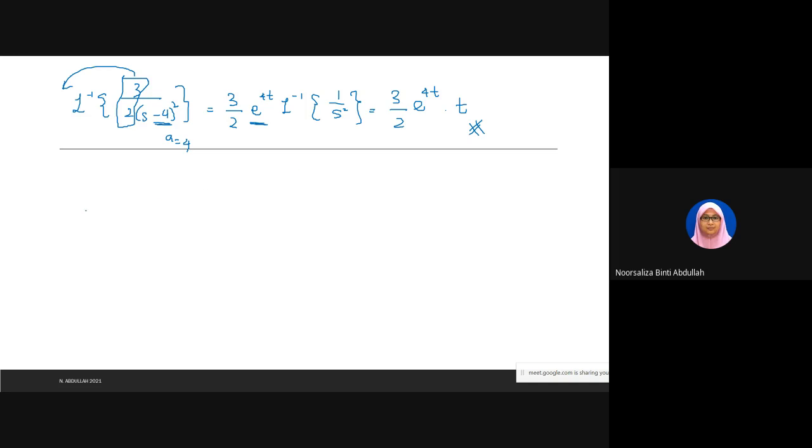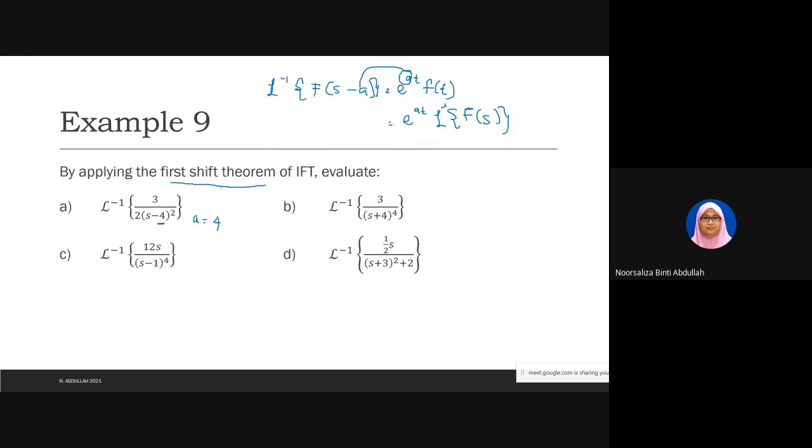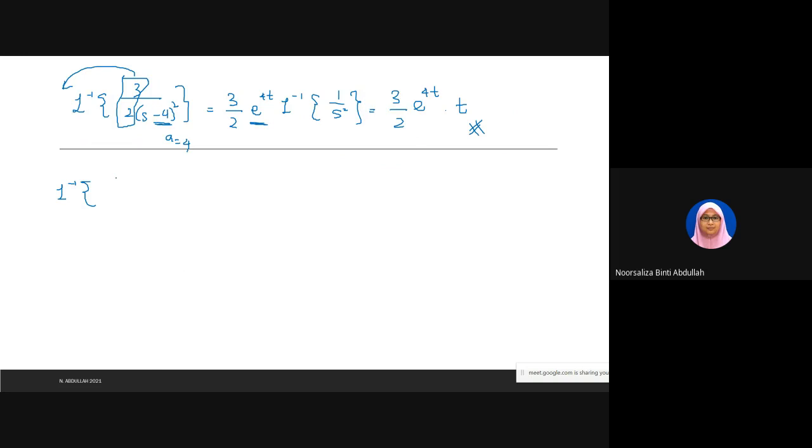The second one is the inverse of 3 over S plus 4 to the power of 4. Same method. The 3 you can move to the front.